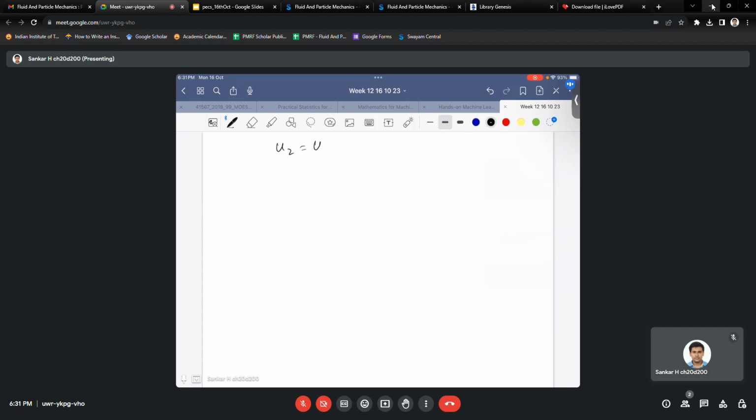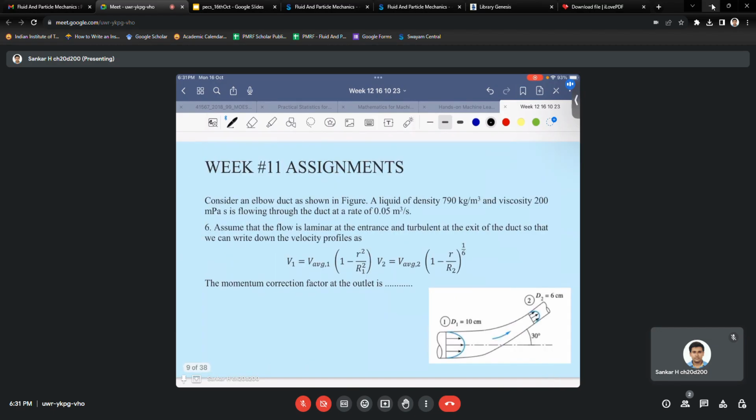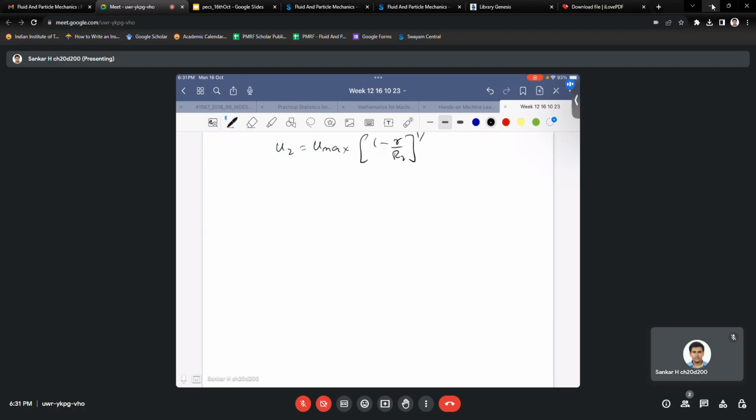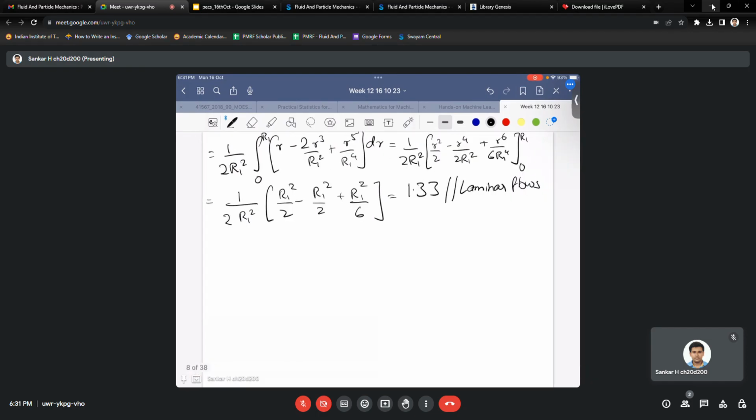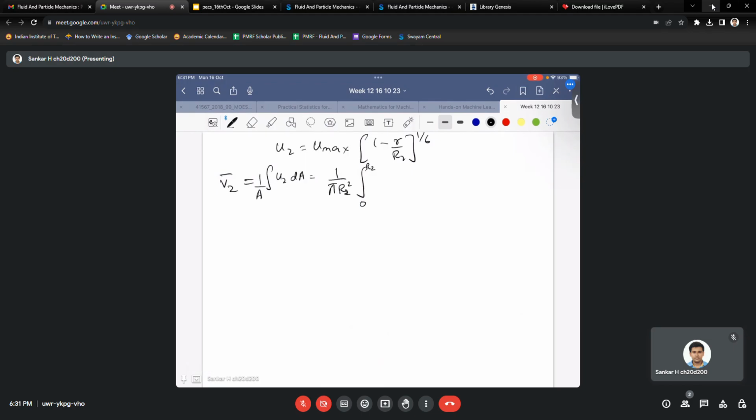So u2 would be equal to u max times 1 minus r by r2 the whole power 1 by 6, and you can find u average, or how it is denoted, v bar 2, which should be equal to 1 by a integral of u2 dA, which is 1 by pi r2 square, integral from 0 to r2, into 1 minus r by r2 power 1 by 6 times r.